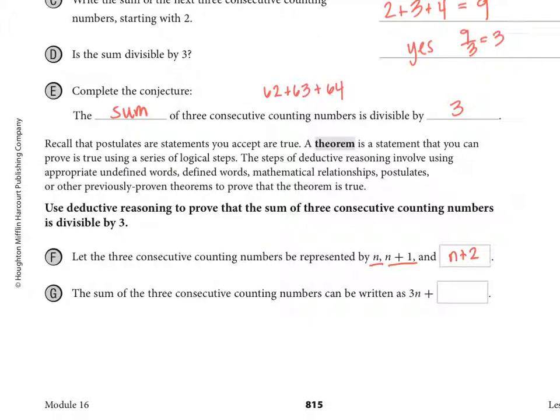So the sum of those three consecutive counting numbers that I used variables for: if I take n, plus the next number, n plus 1, plus the third number, n plus 2, I get this, and this becomes 3n, and then 1 and 2 become 3. So I get 3n plus 3.